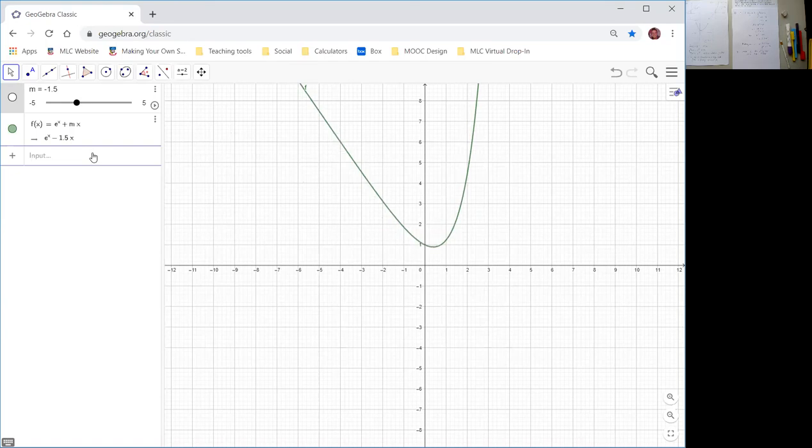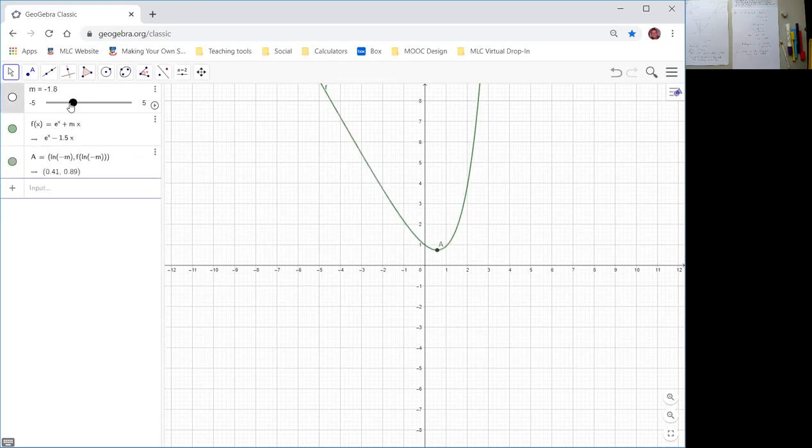And let me just mark the point ln of minus m, because that was the x coordinate, and f of ln of minus m. Oh, looks like a turning point.